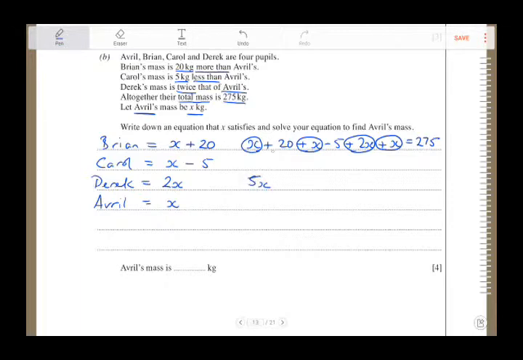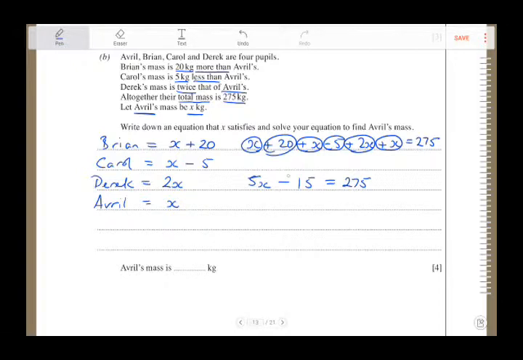Then we've got 20 plus 20 minus 5, you can see how important it is to include the sign now. 20 minus 5 is 15. If I didn't bubble the sign, I might look at that as 5 and go 20 plus 5 is 25. And obviously I have the wrong answer. And all that equals 275. And just like we've done previously on other videos, this is a 2-step linear equation now.